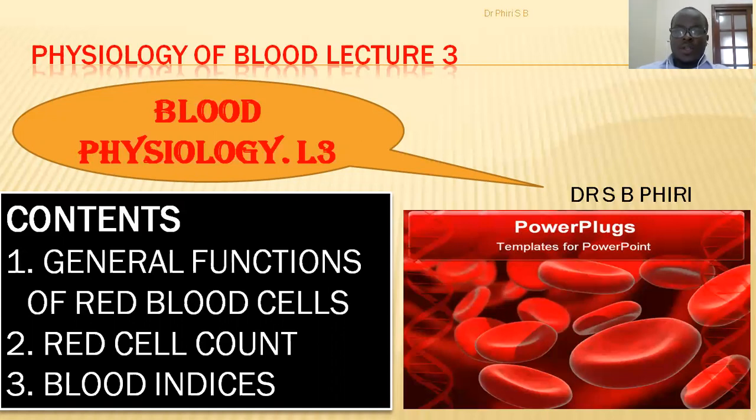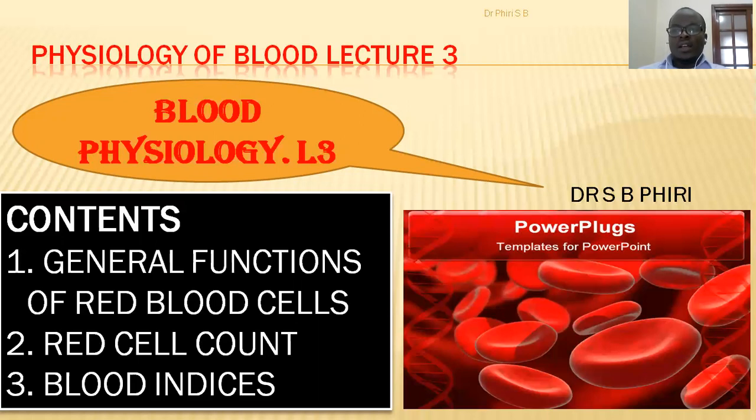The long-term hematopoietic stem cell will differentiate into the short-term hematopoietic stem cell, and the short-term hematopoietic stem cell is going to differentiate into the multipotential progenitor cell. The multipotential progenitor cell is the one that is going to be stimulated by the inducers. There are different types of inducers: growth inducers and also differentiation inducers.